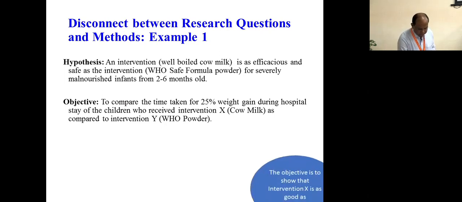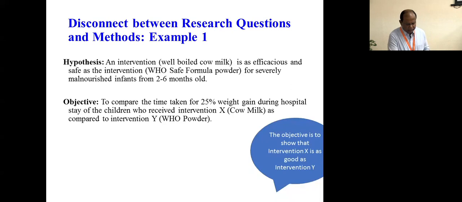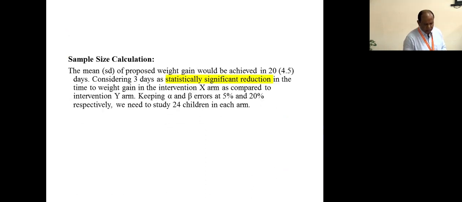Nevertheless, it is a good hypothesis. The intervention X is as good as intervention Y. Is it correct? Or it should be non-inferior? Non-inferior. Okay, so I'll correct this slide. This is the group discussion, they said it is as good as this. This is not my wording, that is their wording.